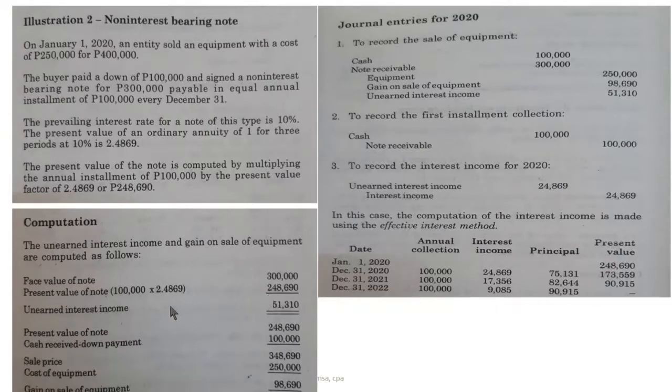So that is, i-multiply itong factor 2.4869 by 100,000, which is the annual payment of our buyer. Dili itong 300 ha, 100. Kay nag-annuity man ta tungod kay installment.